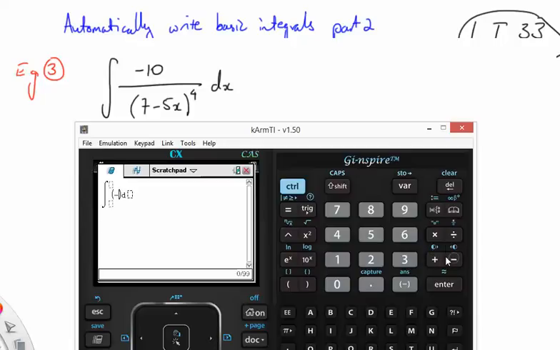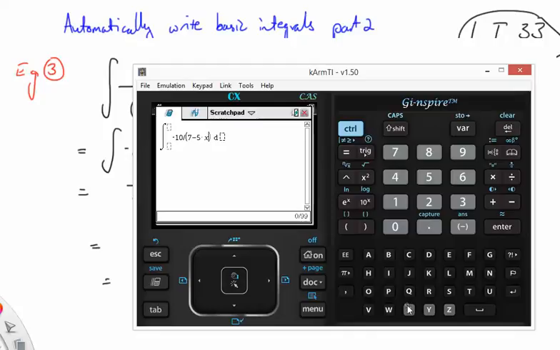Let's do this. -10 divided by 7 minus 5 times x, 7 minus 5 times x, and that's all cubed dx.